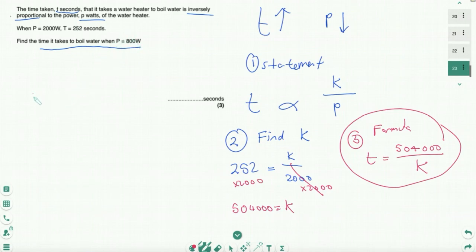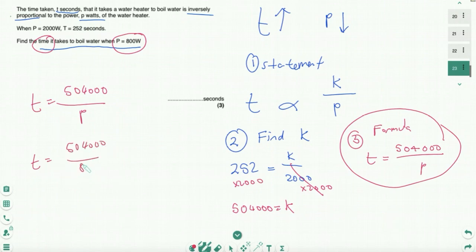So we'll use our formula, t equals 504,000 over p. We know we're trying to find the time, so we're trying to find t, when the power is 800. So we'll replace p with 800. So t is equal to 504,000 over 800.